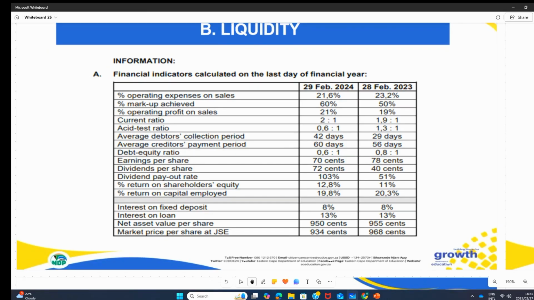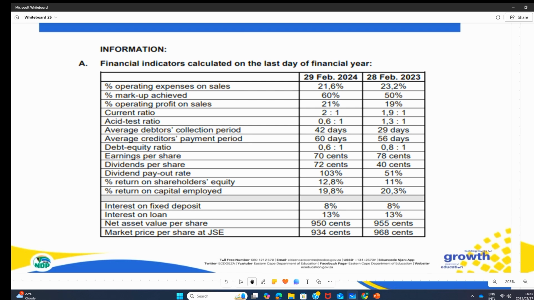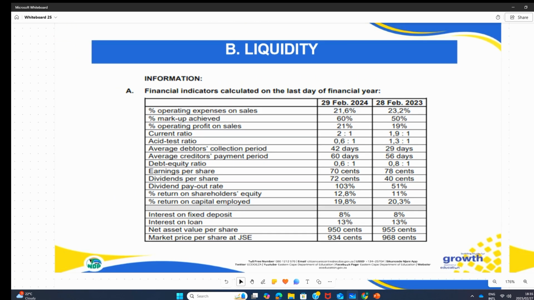Meaning that when we are looking at our liquidity financial indicators in the information given, we need to look at financial indicators that are stating that there's an improvement that is needed. So we cannot look at financial indicators of liquidity that show that the business is liquid. What do I mean by that? If we go back to the information that we have here for liquidity, you will do what I said in the profitability, where you first identify which financial indicators are part of liquidity.